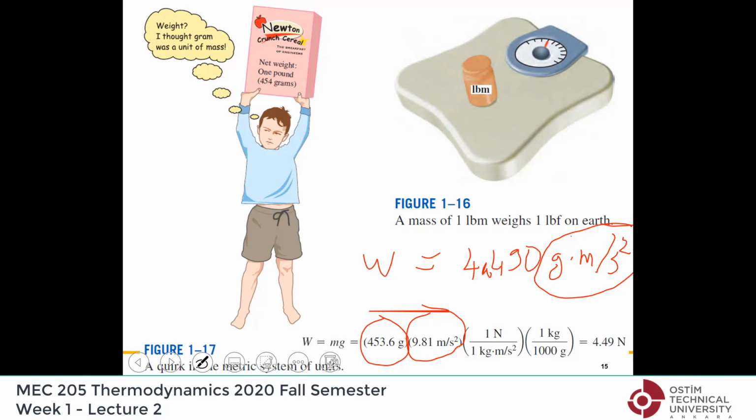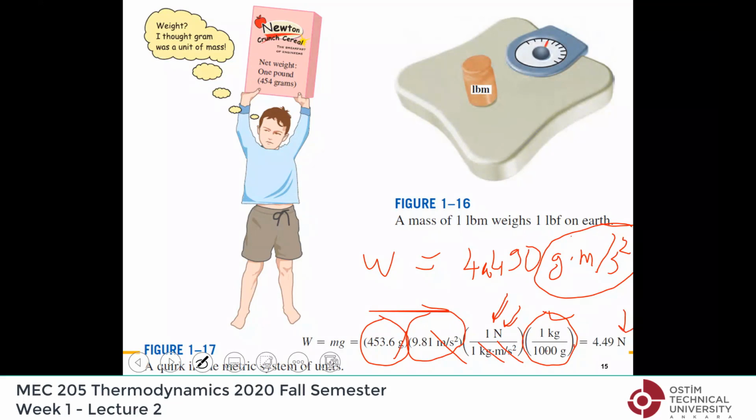So if you add here 1 Newton per 1 kilogram meter per second square, and then 1 kilogram divided by 1,000 gram, this conversion ratio, then what happens here? The 1,000 gram and this gram will cancel, and you will get kilogram. And then kilogram meter per second square will also cancel that meter per second square. You end up with Newton.